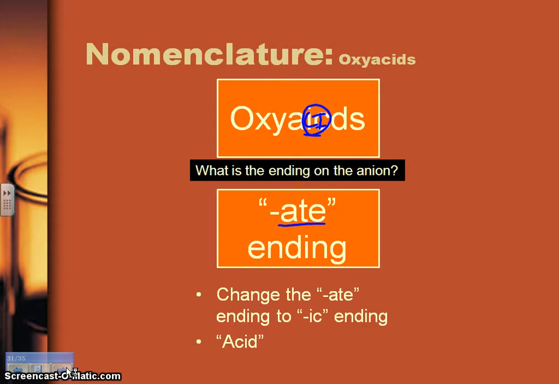We have carbonate, sulfate, phosphate, chlorate. All we're going to do is change the "-ate" ending to an "-ic" ending. And then we're going to add the word acid. Notice, for oxyacids, we do not use the prefix hydro.